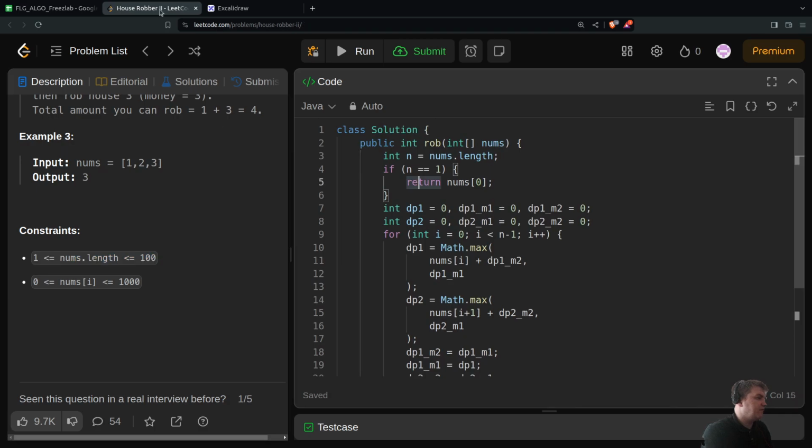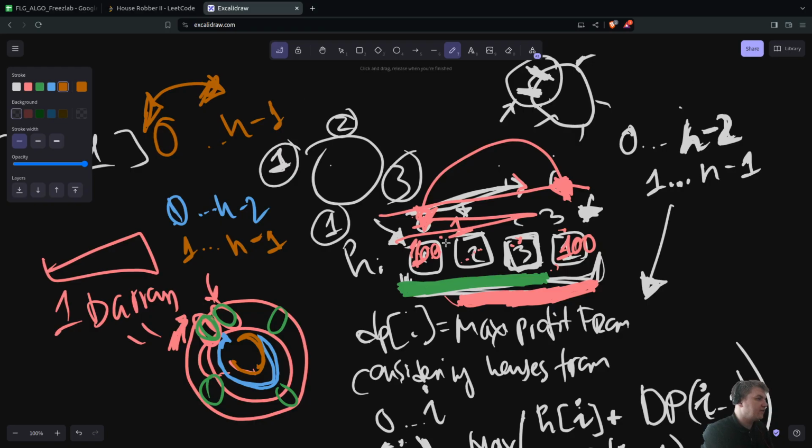So as I said, dp of i here is the maximum profit we can get by considering robbing from houses 0 to i minus 1. It's actually dp of i. Yeah, so that's it.